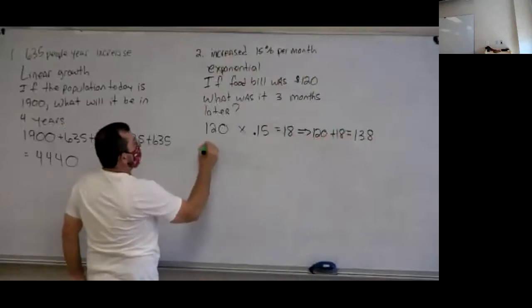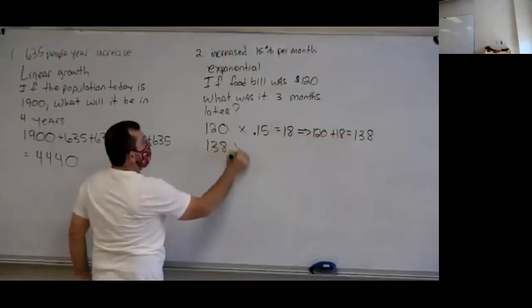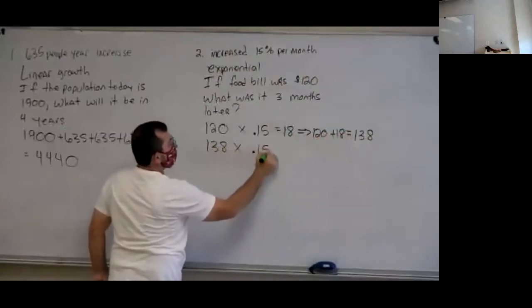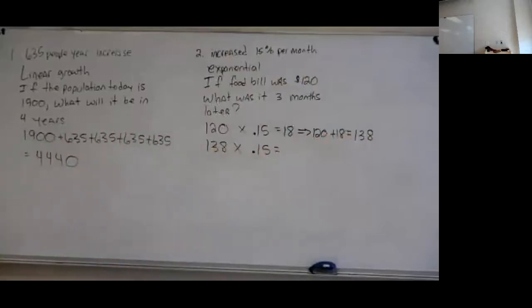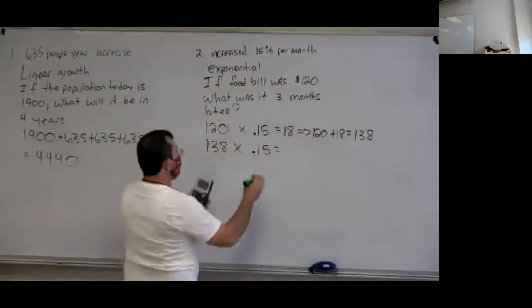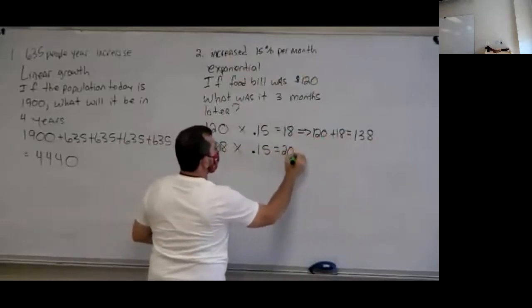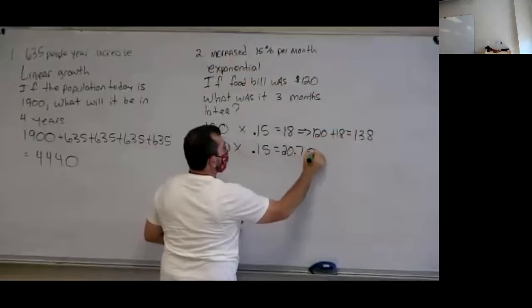So now for the second month, we're starting with 138, right? What is 15% of 138? I'm ending up with 20.7.